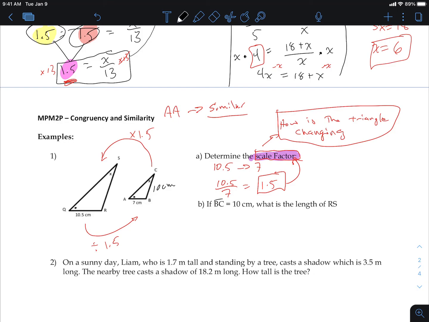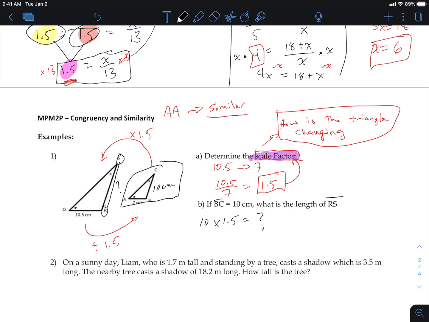Okay, well, the question is, what is the length of RS? RS is here, right? What is this length? It's an unknown. All right, well, we know something on the little triangle, and we want to get to the big triangle. So we could say, okay, well, if I know 10 is the side length, if I multiply by 1.5, I'm going to get my answer of the question mark, right?